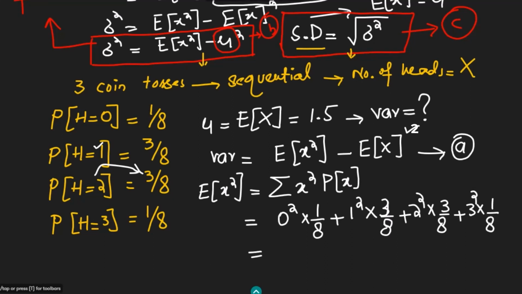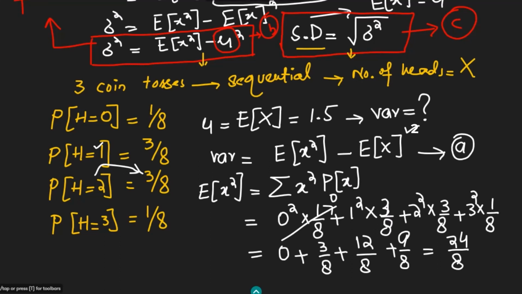Now let me calculate it. The first term will be 0 because the value is 0. Similarly, here we will get 3 by 8. For the third, 2 square is 4, and 4 times 3 is 12, so that is 12 by 8. And here we have 3 square, which is 9, times 1, so 9 by 8. From it, we get 12 plus 9 plus 3, that is 24, over 8, and that would be 3.